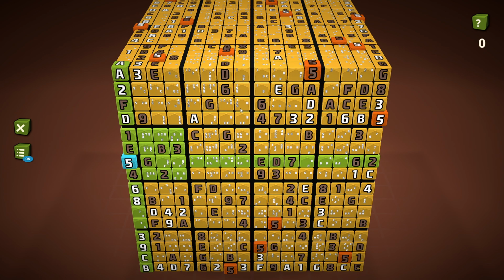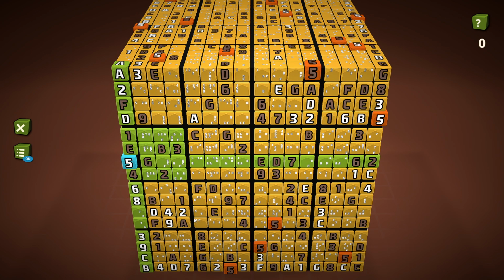Okay. Yeah, okay. Got quite a few of these 5s working their way around here. Oh, right, because the 5 has to be here, so it can't be here either.